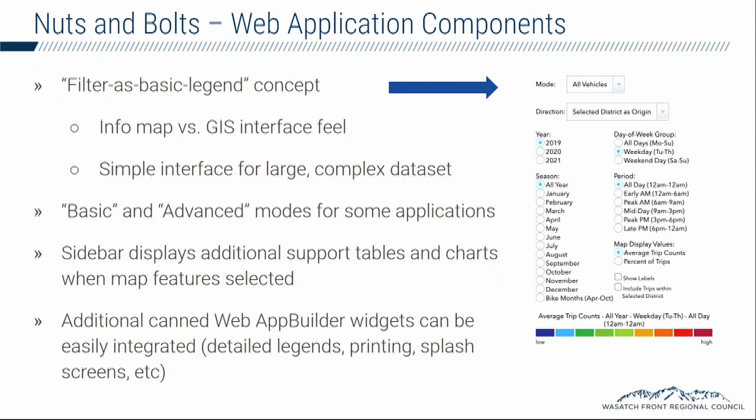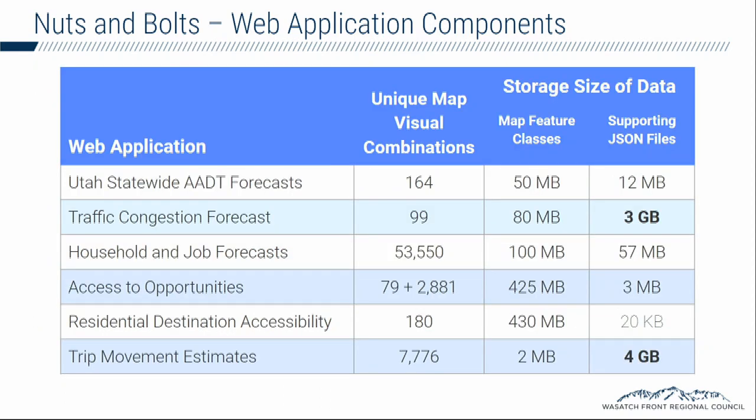Yeah, I think we went through a lot of this. And here I just wanted to show, this is one of the final slides. There's a lot of data in here. So for instance, if you look at the household and job forecast map, the last one we looked at, any combination, there's 53,550 possible map displays.